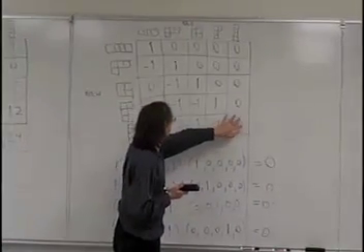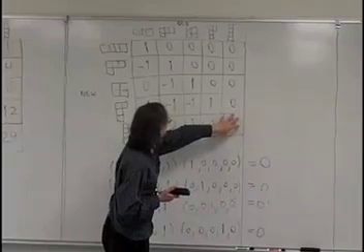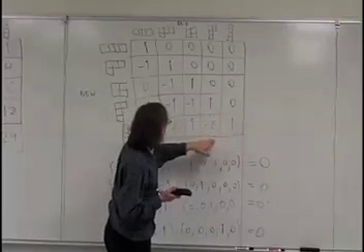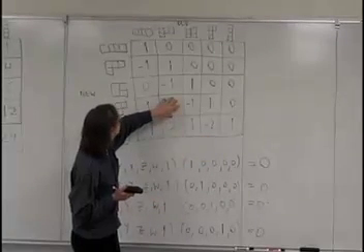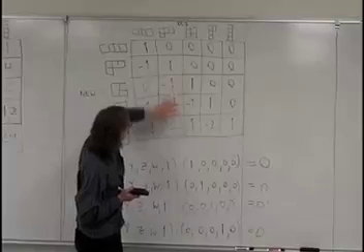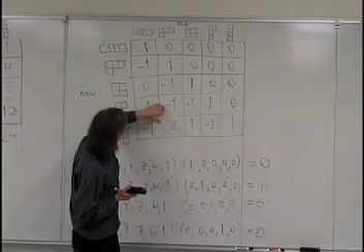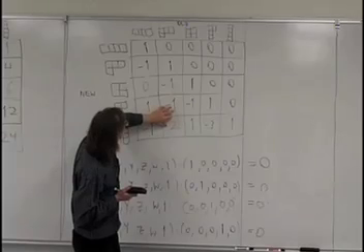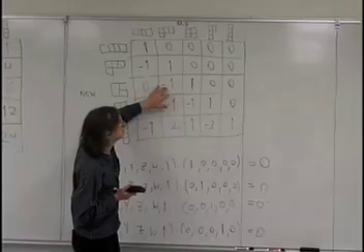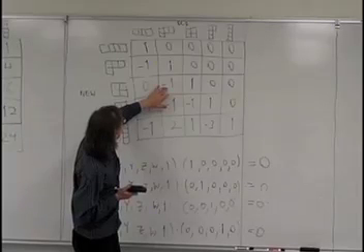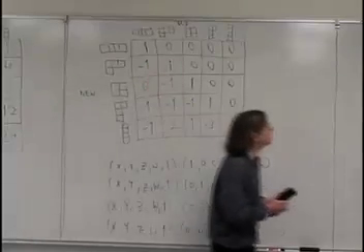Now I'm trying to get 1, 0, 0, 0. I've got 1, 3, 2. So 1 of these, that's 2. 3 of these, that's a total of -1 so far. 2 of these, that's a total of -3 so far. And 3 of those.